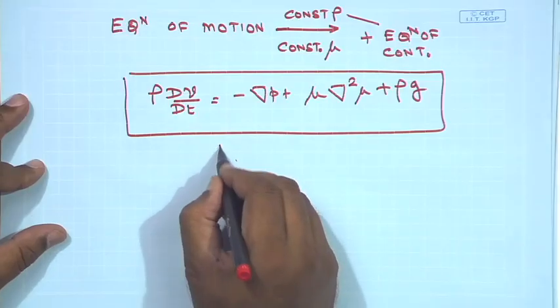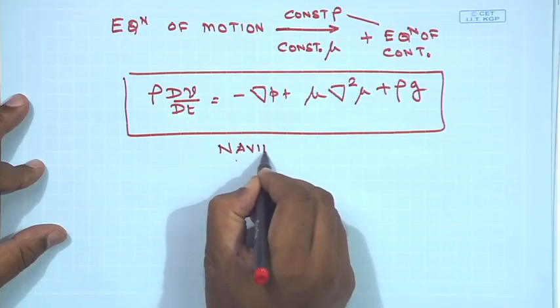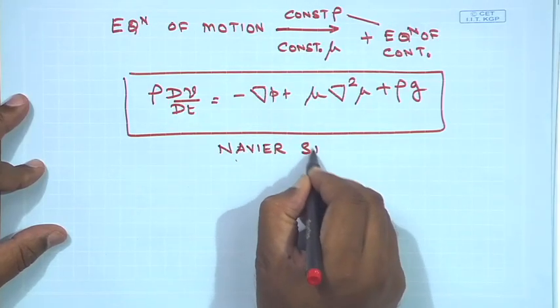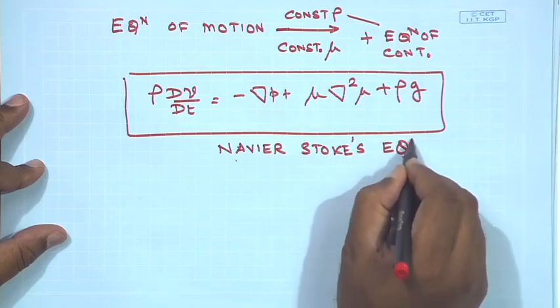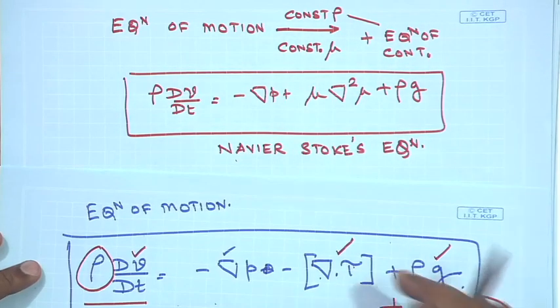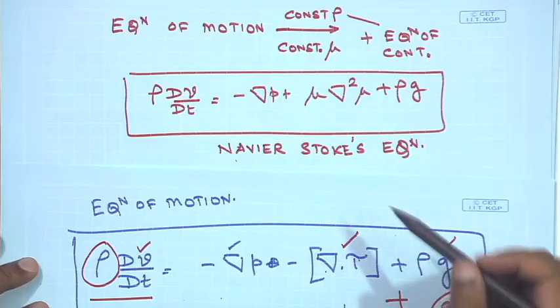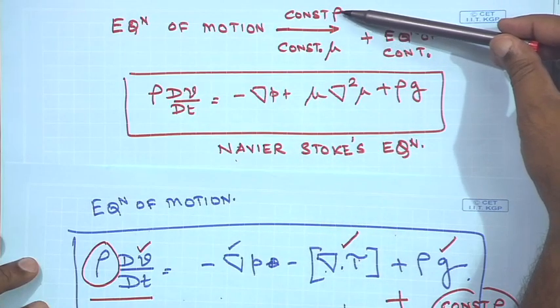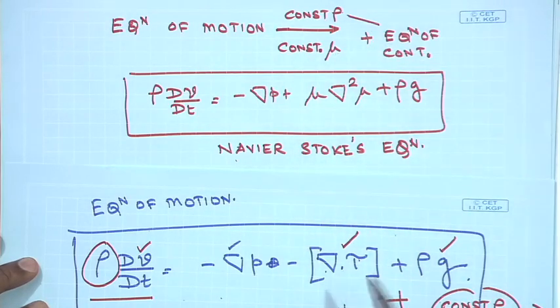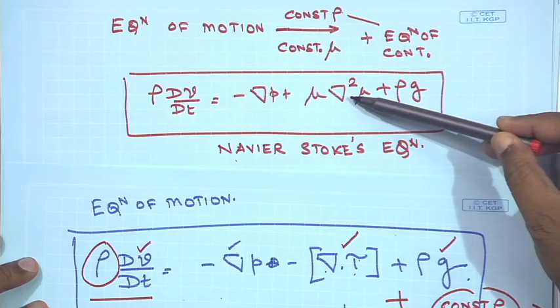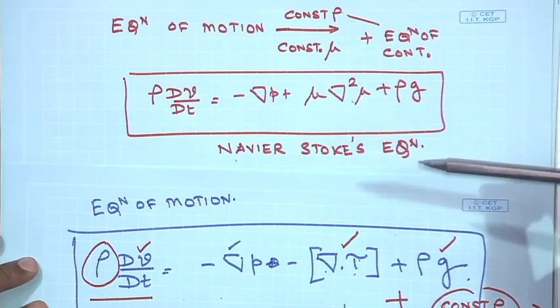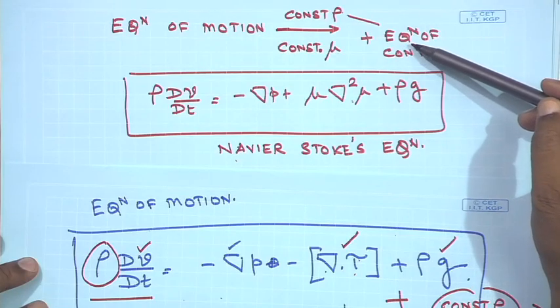this, which is known as the famous Navier Stokes equation. Again, if you look at these two equations, the only change is that rho and mu are constant. So, tau can now be replaced in this form, and you also have the equation of continuity.